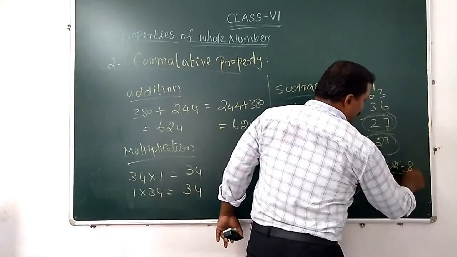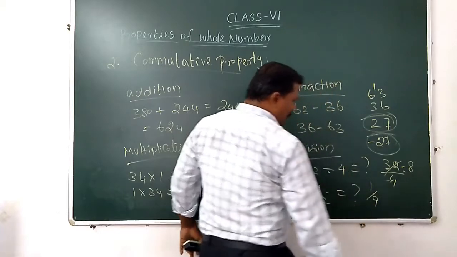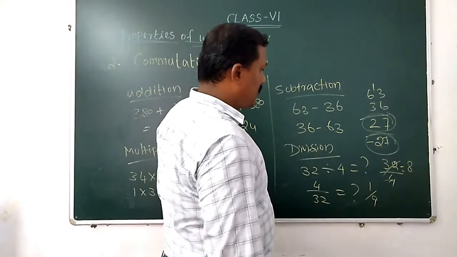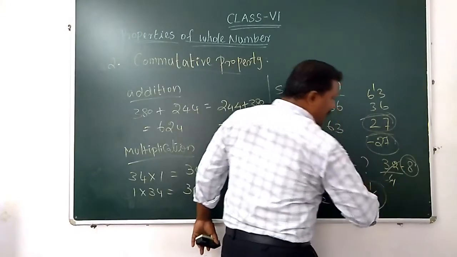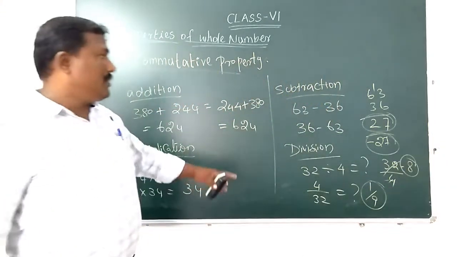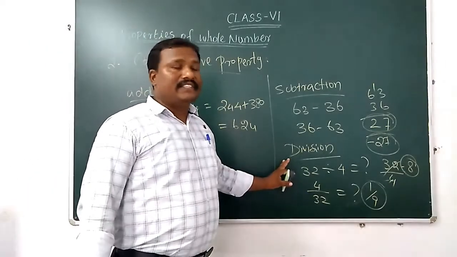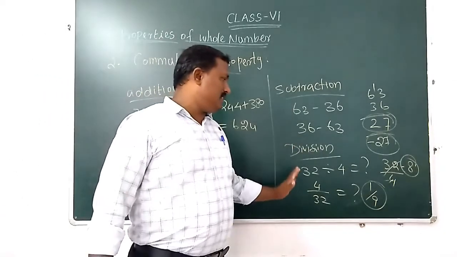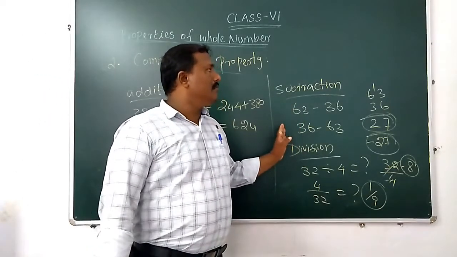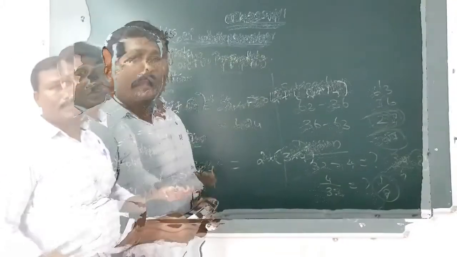But if you divide 4 by 32, what will you get? 1 by 8. Compare, this is not the same. So the commutative property is not true in division and subtraction. So when you do subtraction and division, you have to listen carefully and use the property carefully.